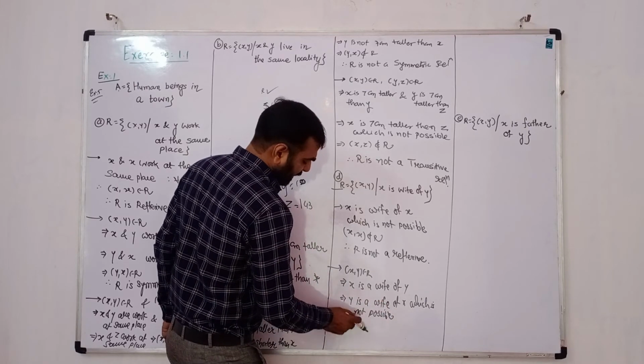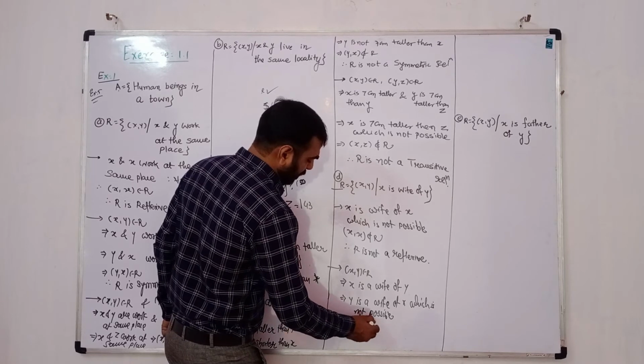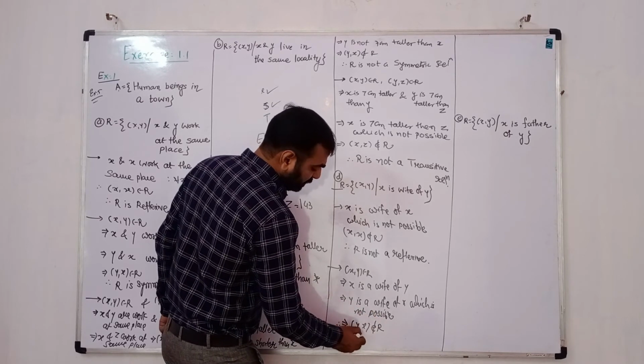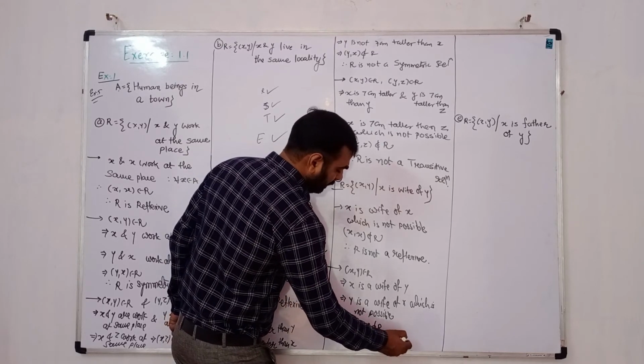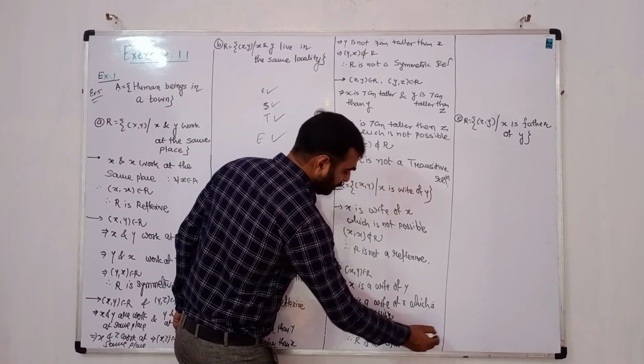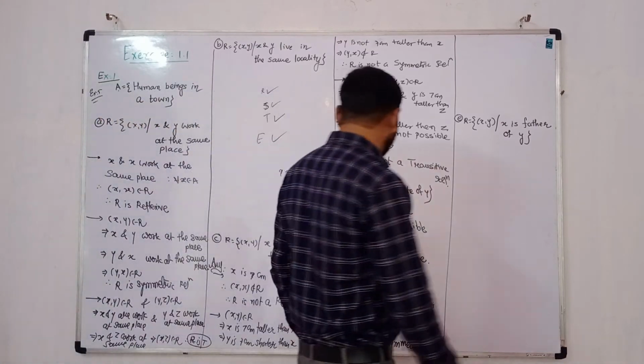So that implies Yx does not belong to R. It means R is not a symmetric relation. Clear? Simple task. बोलते जाना, लिखते जाना, हो जाएगा.